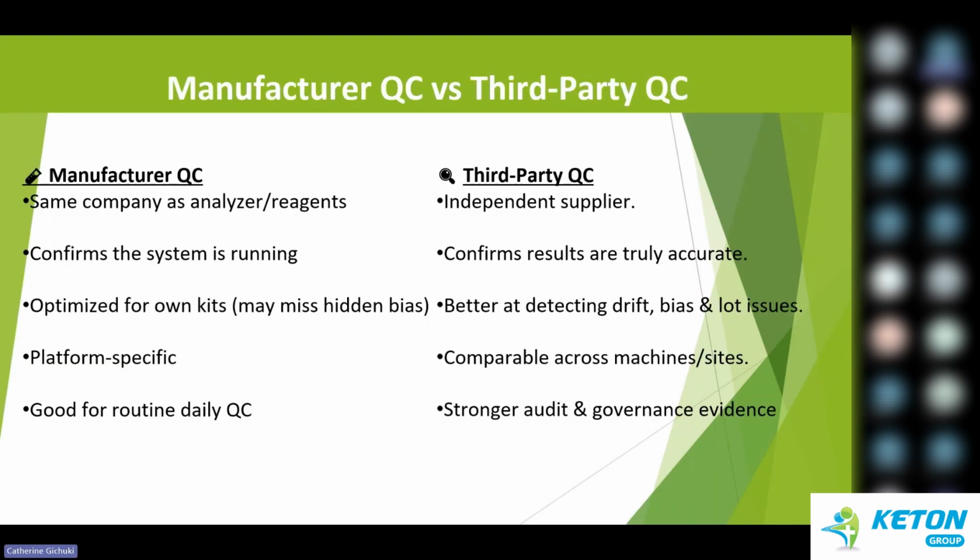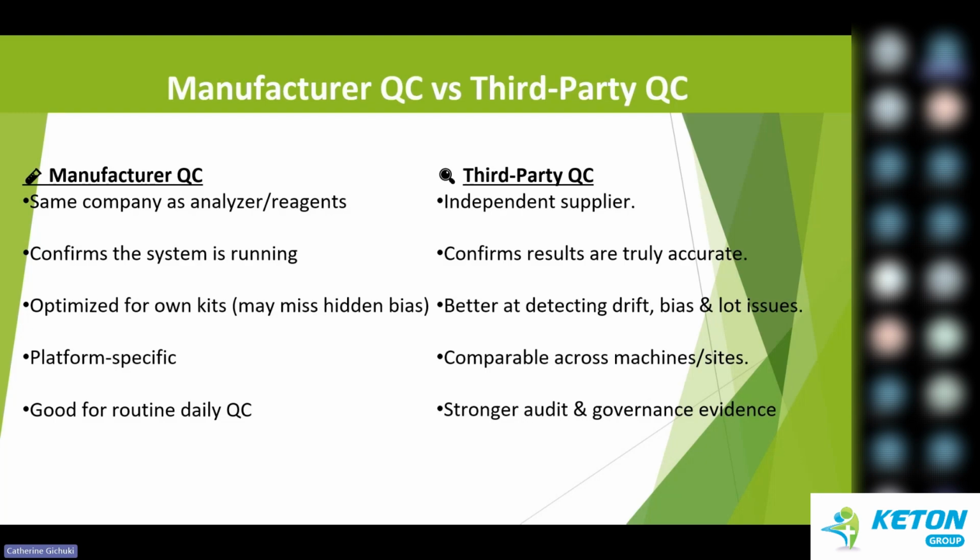We want to check out the differences between a manufacturer QC and a third-party QC. Manufacturer QCs are made by the same company that is making the analyzer and the reagents. The third party, however, is made by an independent manufacturer or supplier. The manufacturer QC usually confirms the system is running.